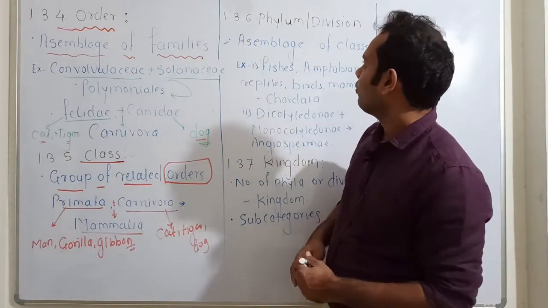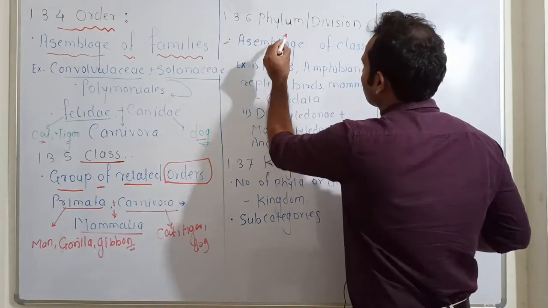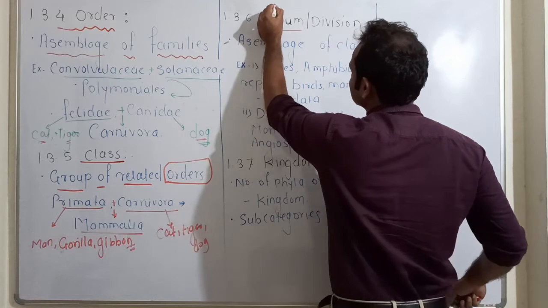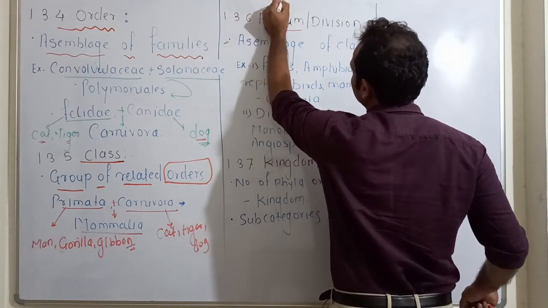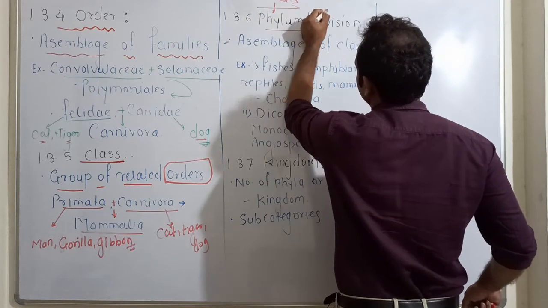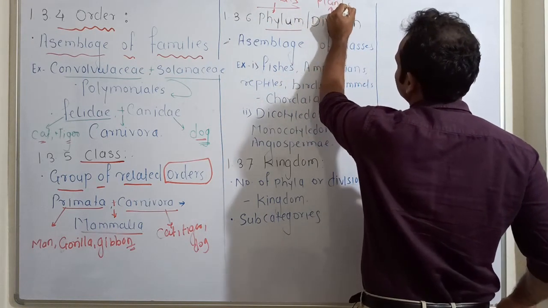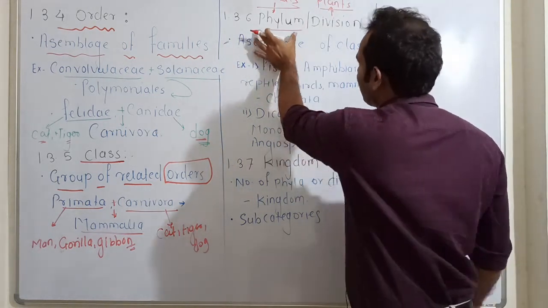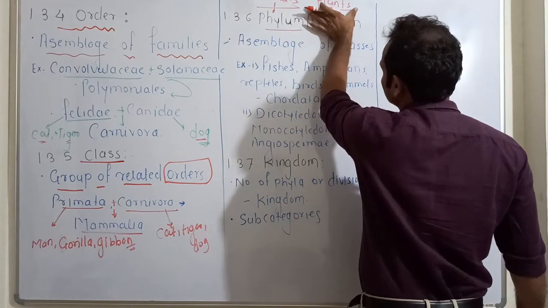Moving forward, what is phylum? This term is used in the case of animals. Always remember, animals. And division is used in relation to plants. Phylum in the case of animals, and division in the case of plants.